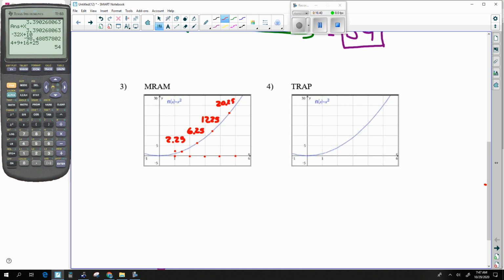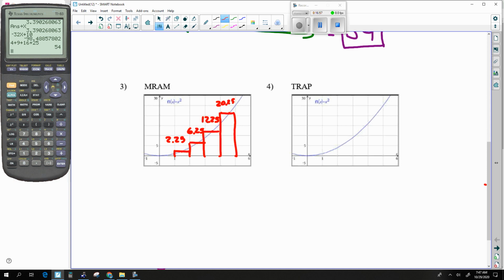And again, these are the heights of these various rectangles. And so this is our approximation in this case.